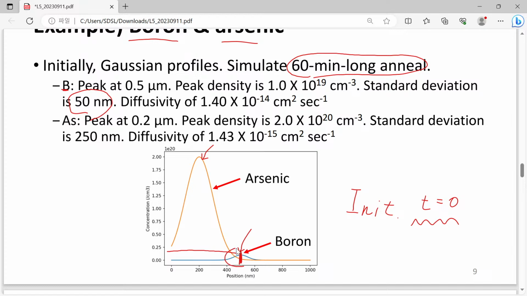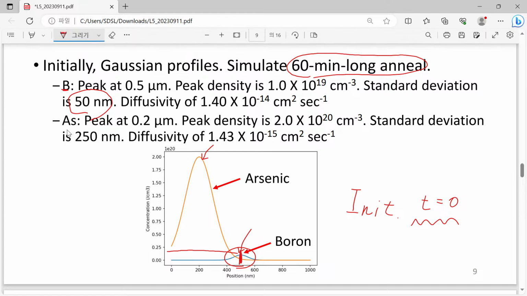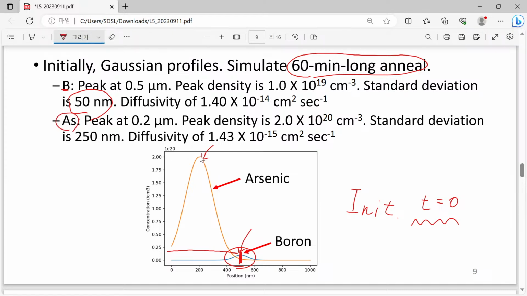That describes this boron concentration. And the second line is the arsenic concentration, peaked at 0.2 micrometer, and the peak density is 2 times 10 to the 20. The standard deviation is 250. Oh, I'm sorry about that. I'm not quite sure, so I think I have to change it.